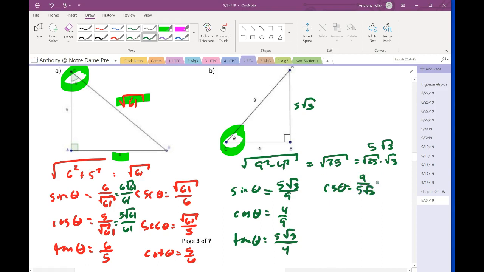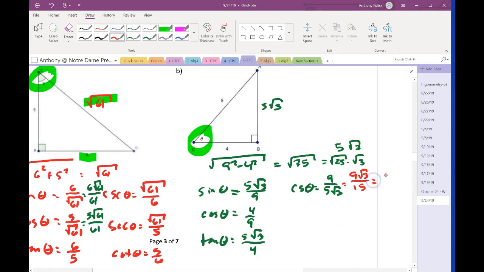But I need to rationalize my denominators. So that's going to give me 9 square root 3 over 15. And that reduces to 3 square root 3 over 5. Secant theta is the reciprocal, so that's 9 over 4.